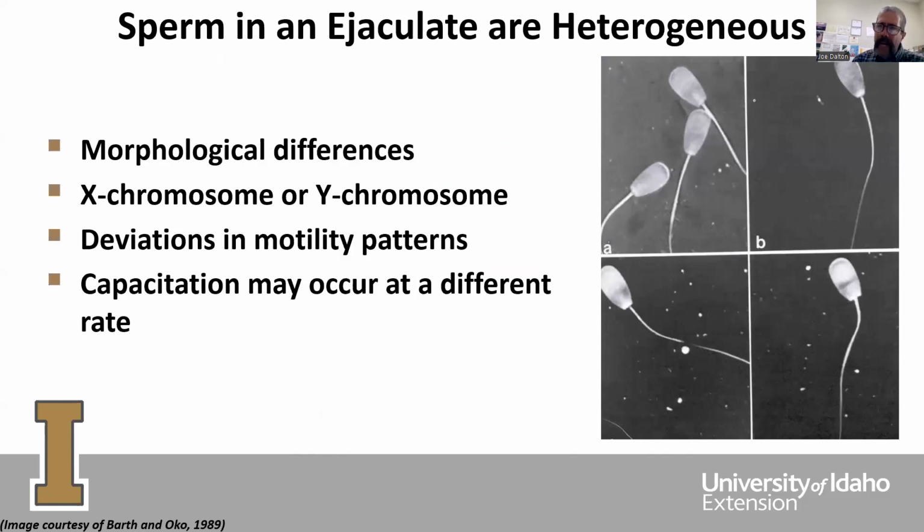We know we have X and Y chromosome bearing sperm. That's the basis for our ability to sort semen, our understanding of the difference between X and Y chromosome bearing sperm. We know that there are deviations in motility patterns, and those can be related to morphological differences, specifically head differences. And capacitation may occur at different rates within the female.